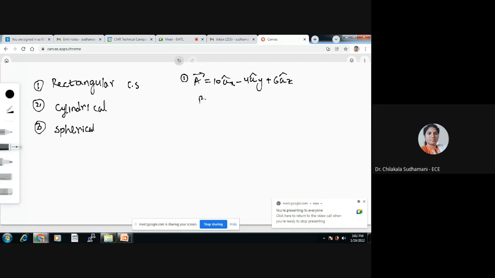Next, the vector B bar is given as 2 ax cap plus ay cap. These are the two vectors given.